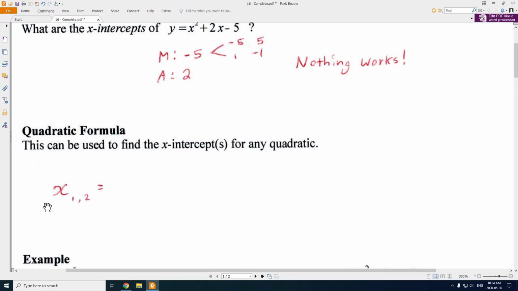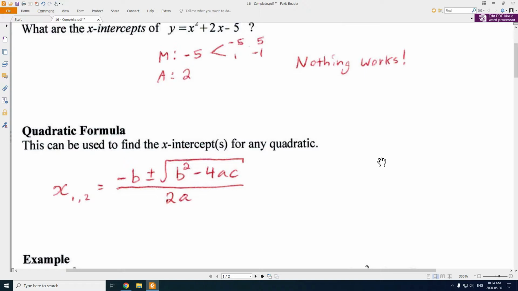Because we're dealing with x-intercepts, we always say x1, 2, because there might be 2 x-intercepts, so there could be 2 possible solutions. All right, that's the quadratic formula. x equals -b plus or minus the square root of b squared minus 4ac, divided by 2a.